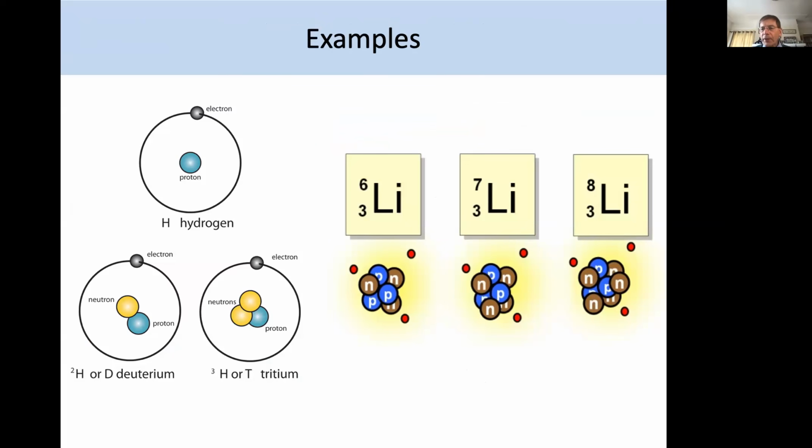But everything that has the same number of protons, an element, will behave the same chemically, but in most instances, most of the nuclei in the periodic table can have multiple isotopes.